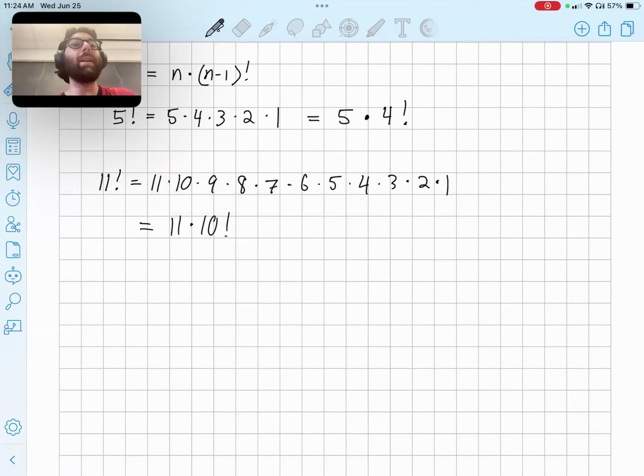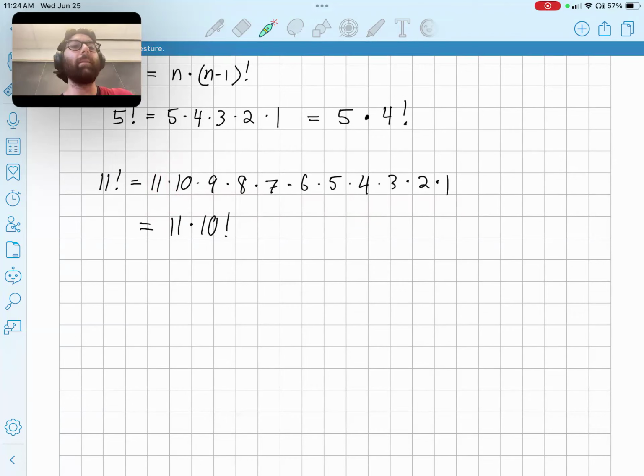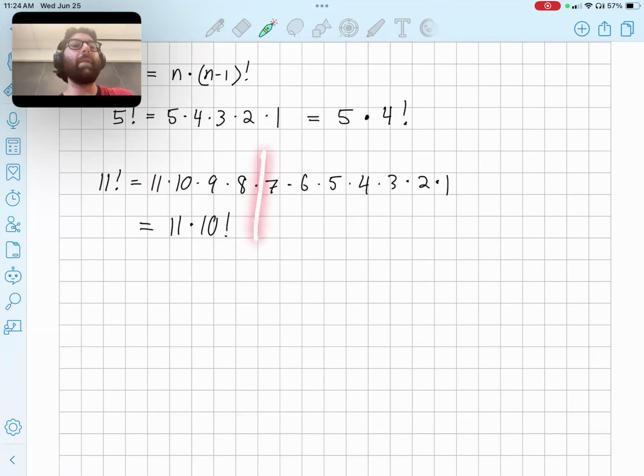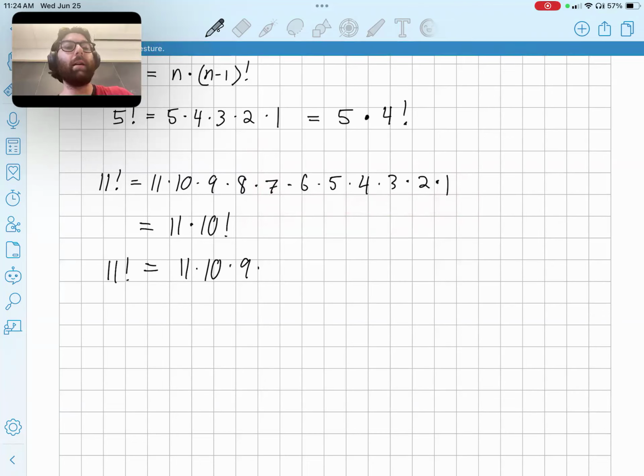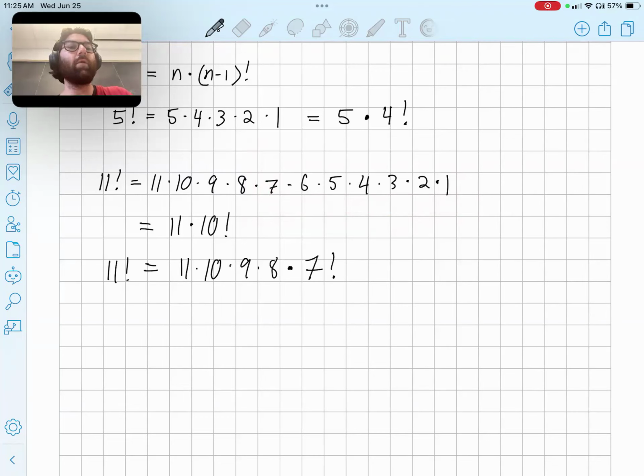What we can do is cut this off wherever we want. So if I want to cut it off after the 8, then I can do that. Because if I cut it off after the 8, then what do I have right here? I have 7 factorial. And so 11 factorial is also equal to 11 times 10 times 9 times 8 times 7 factorial.